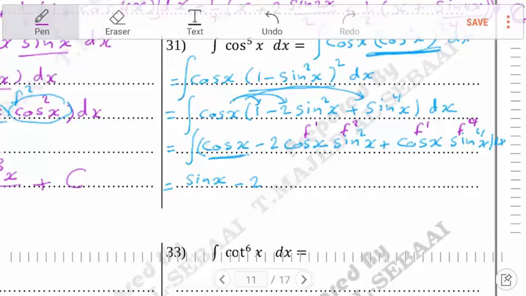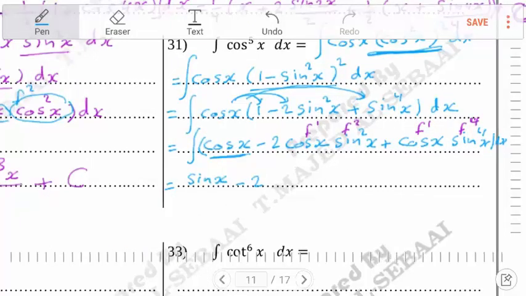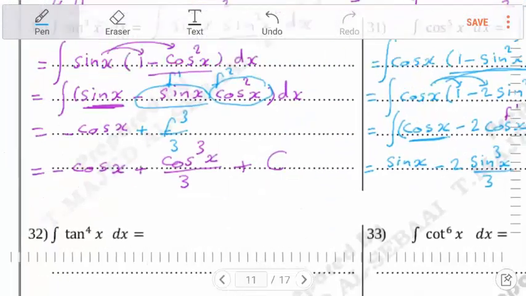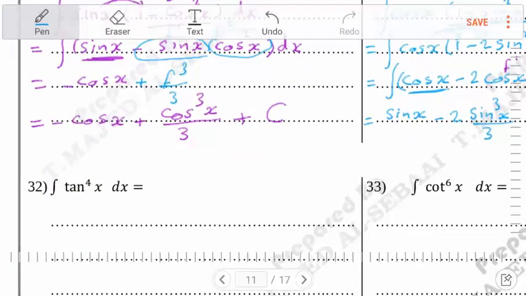Is it clear? Yes. So it's going to be sine to the power of 3x over 3. Then the f in this question is sine, right? Plus sine to the power of 5x over 5 plus c. Now we will discuss tan and cotan.